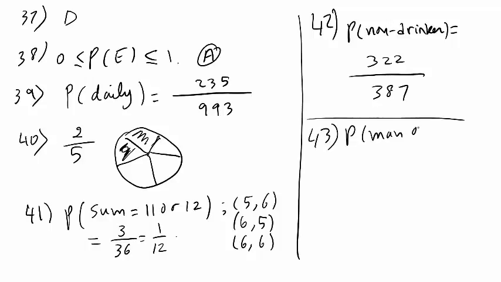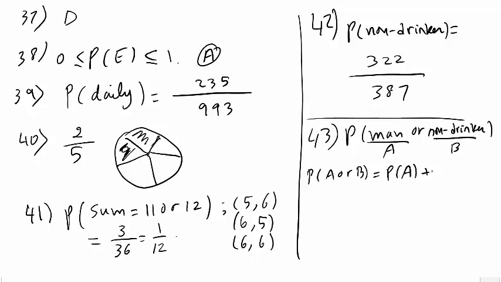This is called the addition rule. Let's call this one A and let's call this one B. It's the probability of A or B. By definition, guys, the probability of A or B is the probability of A plus the probability of B minus the probability of A and B.